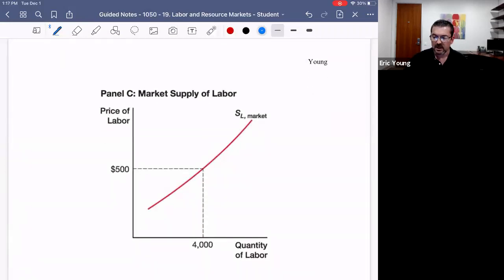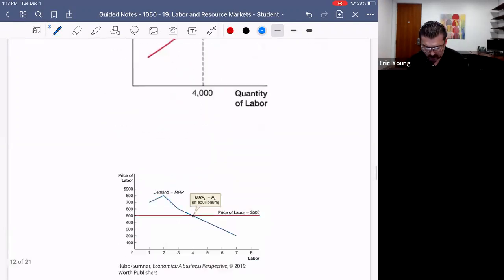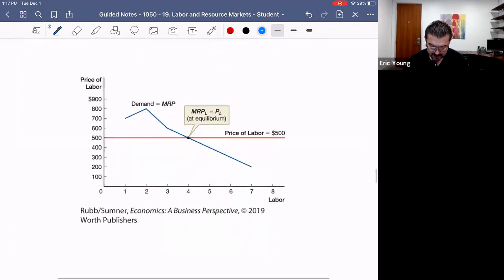Okay? So now that we know what the labor supply curve looks like, and we previously covered the labor demand curve, we can put them all together. And let's go back before we do that to this. You might remember this from a previous video. I had used this graph to illustrate how many workers would be hired.